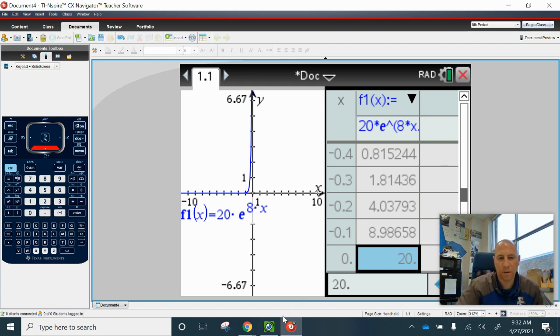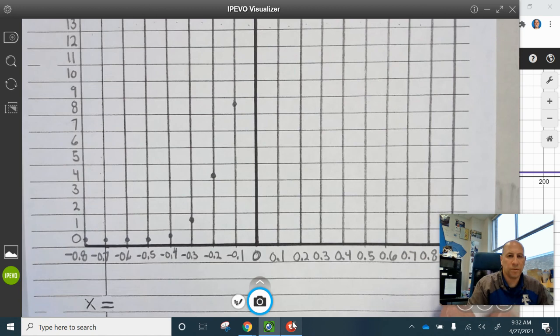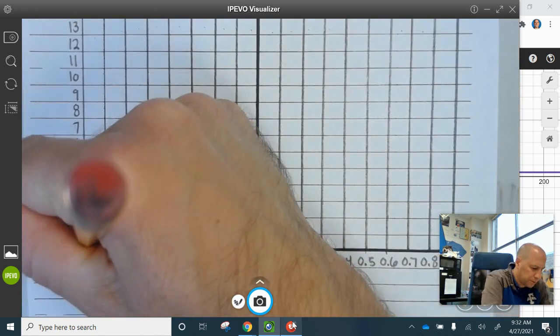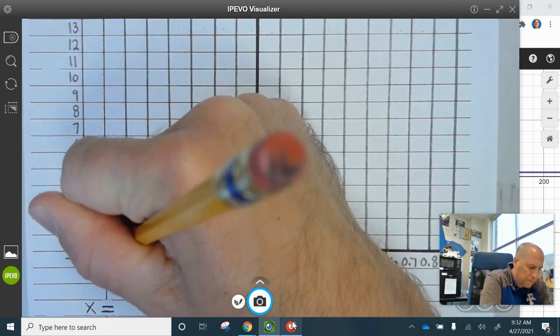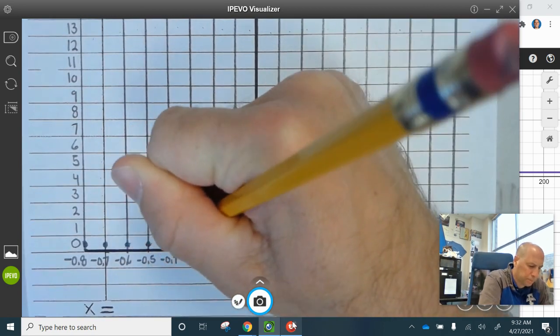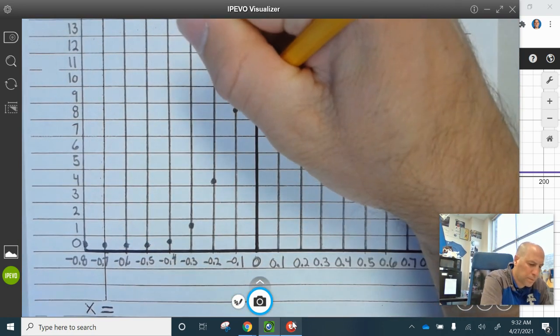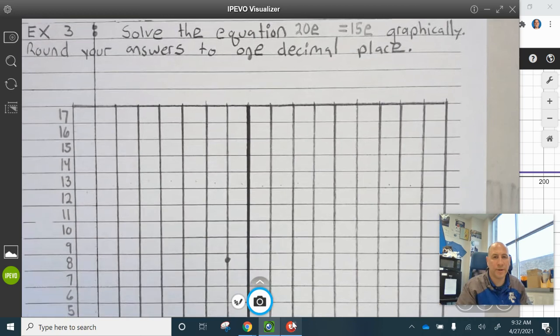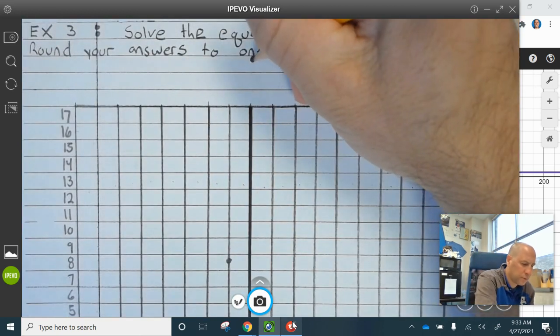All right. So again, you're just going to approximate the points. And then 20 technically is right here if you want to add that point.